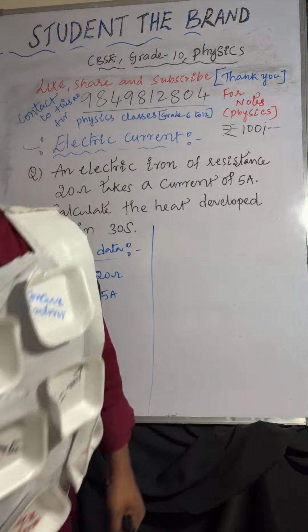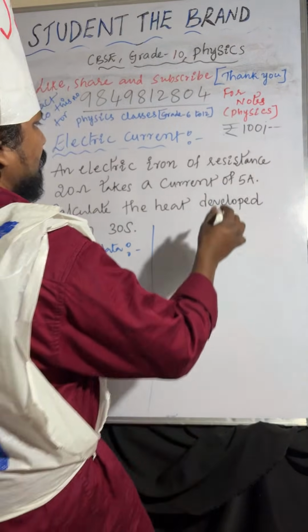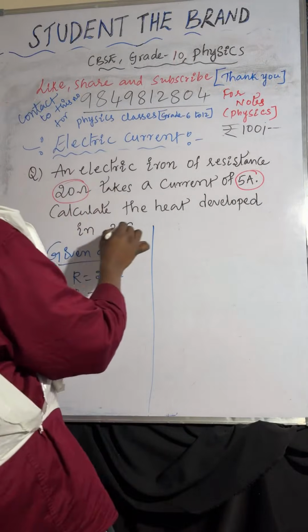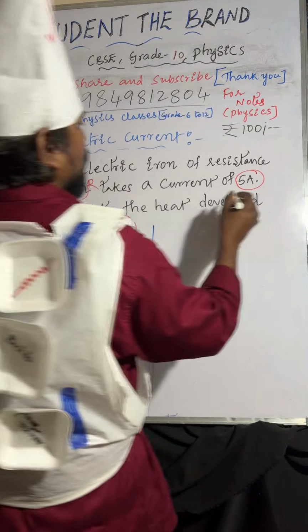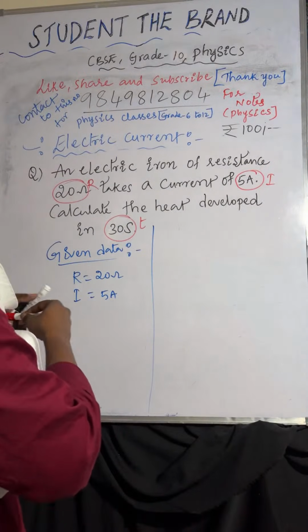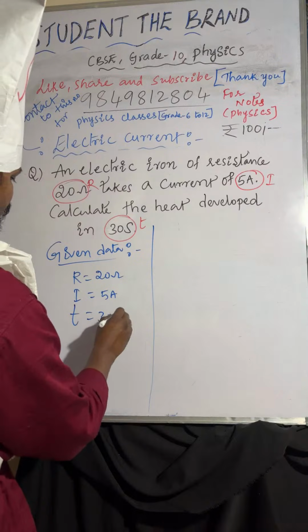You have to underline the given data, or you can circle it. So here current, resistance and time are given. This is R, this is I, and this one is T. T equal to 30 seconds.